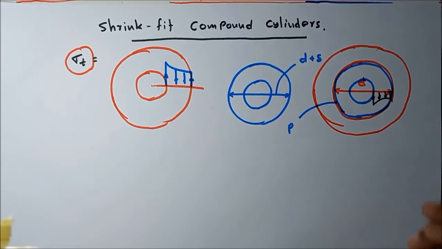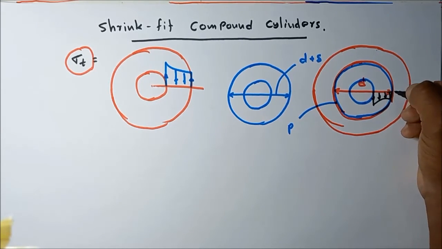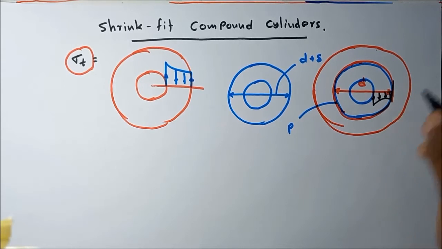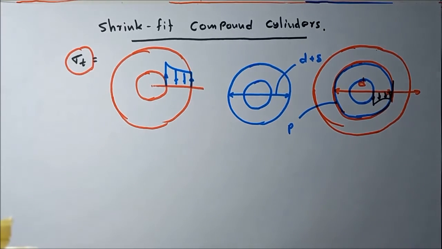Because of the mating surface pressure, the external cylinder is like a cylinder under internal pressure, so that stress we can represent like this. The radial and tangential stress develops something like this.